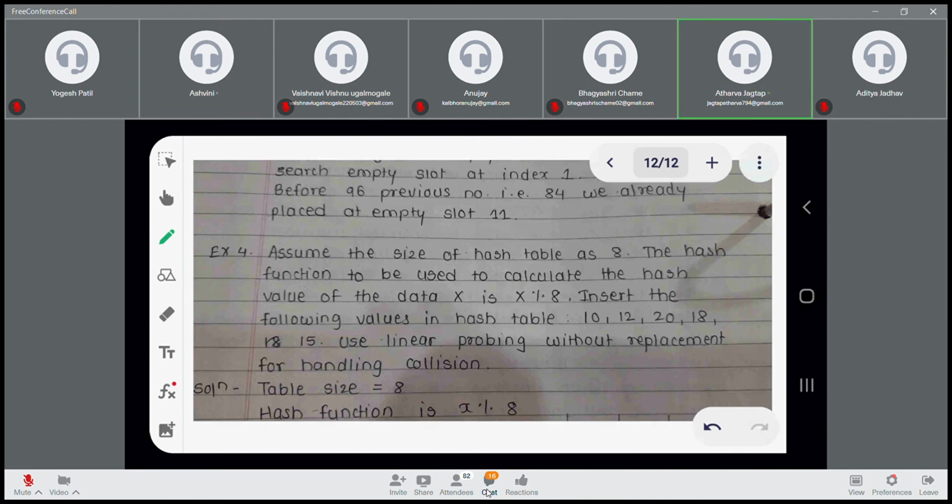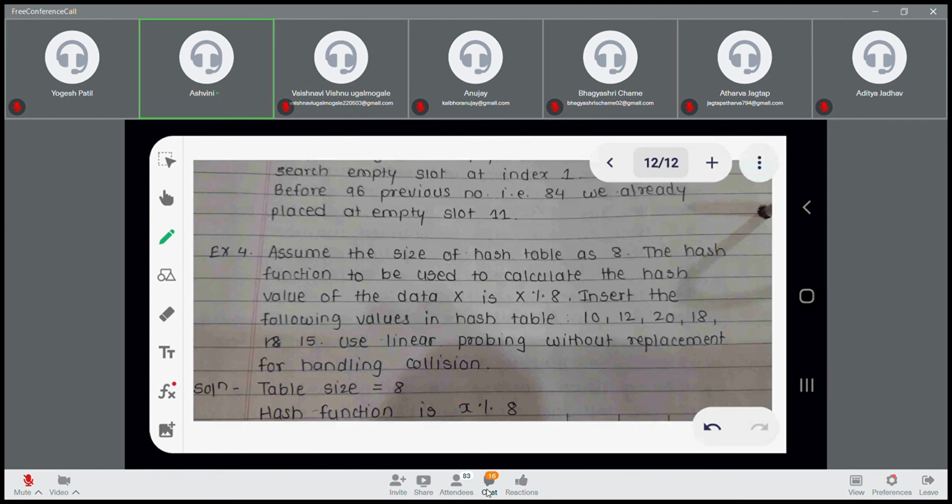Yes, ma'am. So can you solve this problem? Just try to solve it, and can you please tell me the indexes?